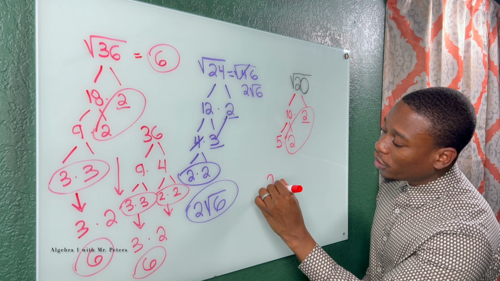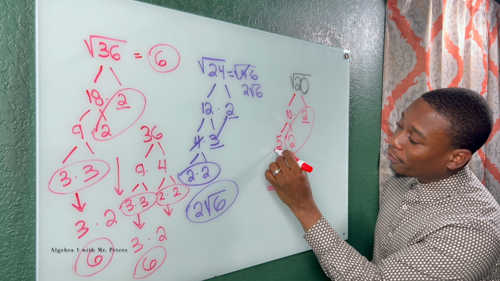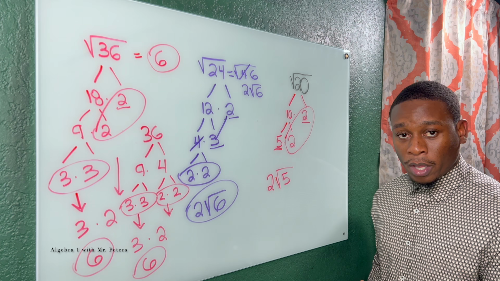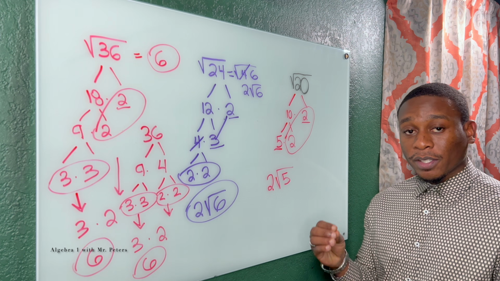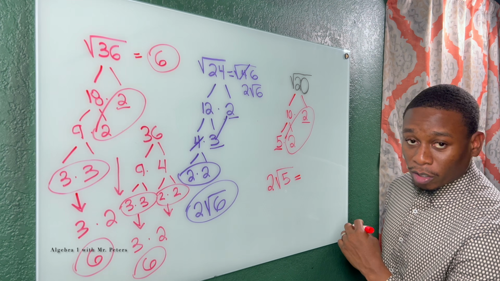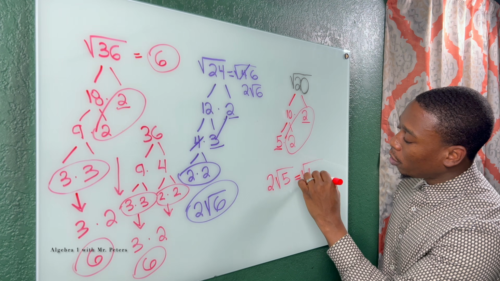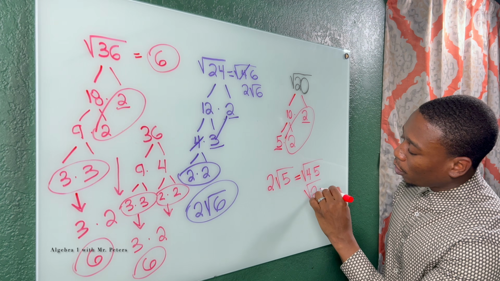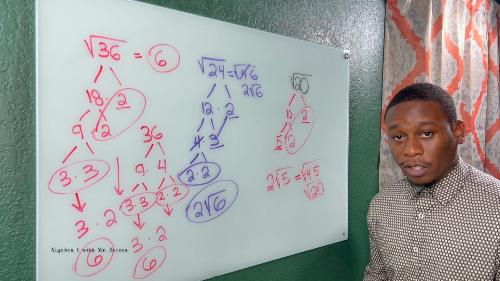That comes out as just itself, 2. And then this last 5 right here is going to stay under the radical. And if you want to double check to see if this is right, all you have to do is square this outside number. 2 times 2 is 4. When we multiply that by 5, we're going to get the same radical 20 as an answer.